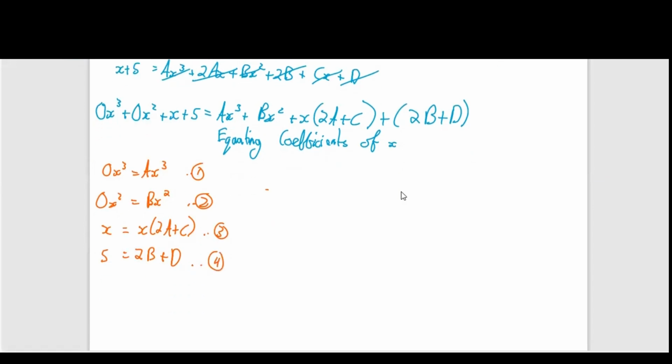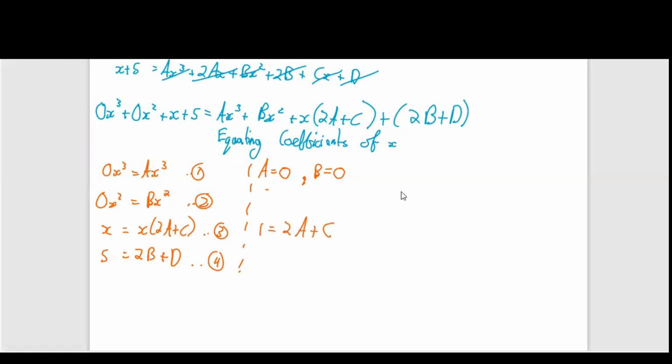Now we can solve some of them. For a, the x's will cancel, so a will end up equal to 0. For b, the x squared cancels x squared, so b will also be 0. Now we can plug it in. For this one here, canceling the x, we have 1 equal to 2a plus c.